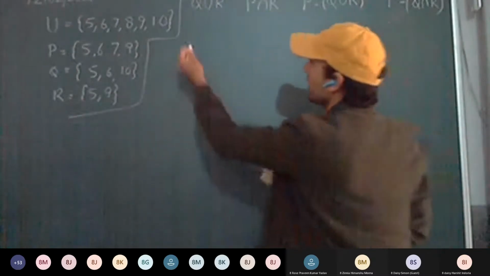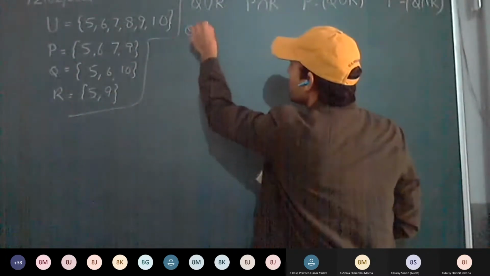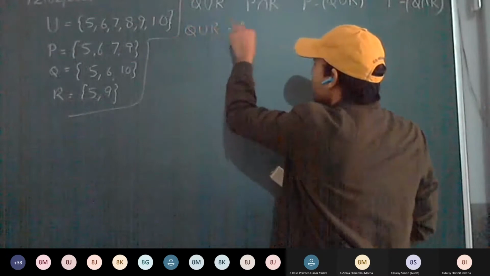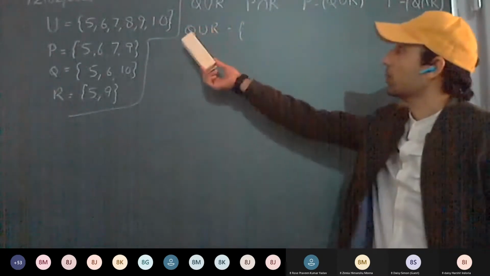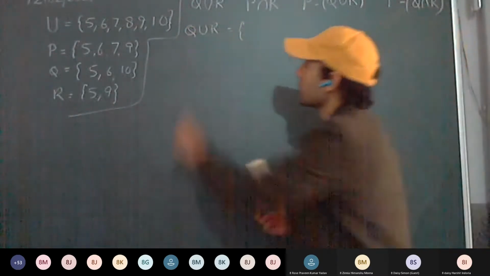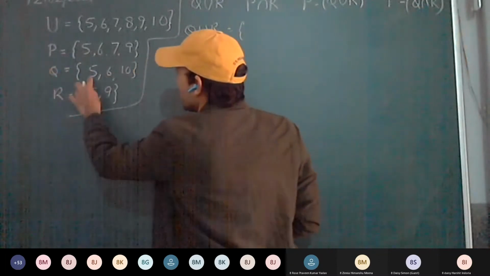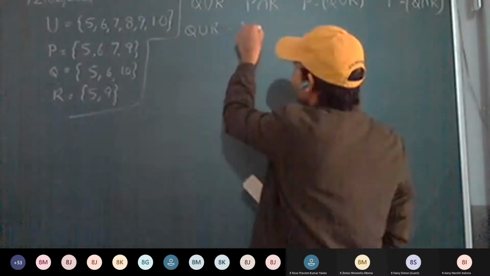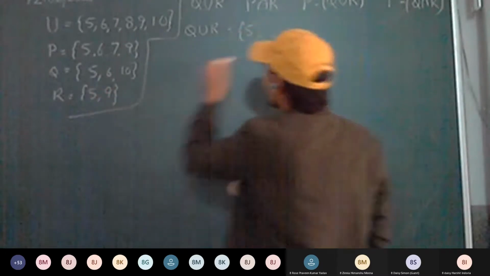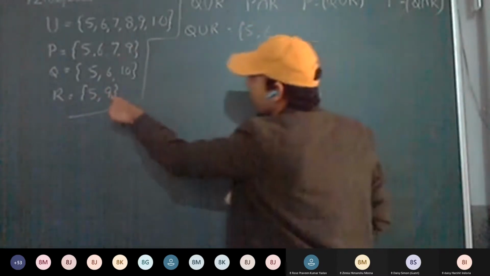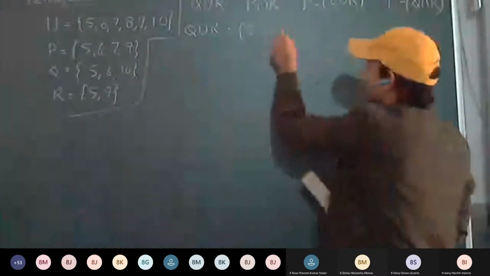So first we'll calculate Q union R. We take the elements of Q and R: 5, 6, 9, 10.